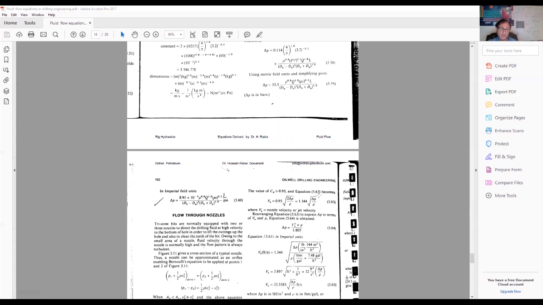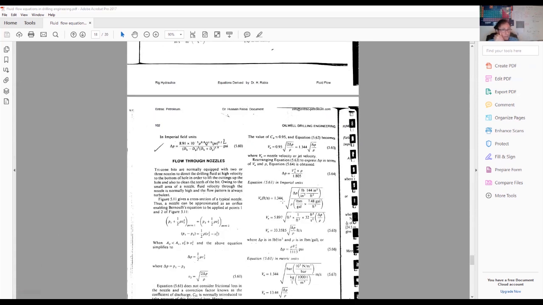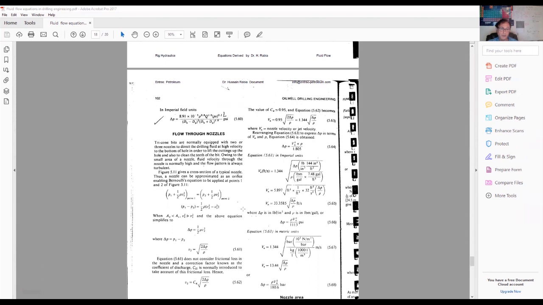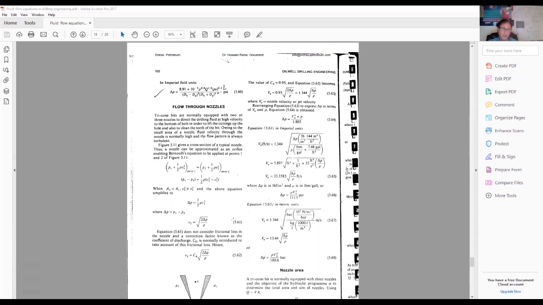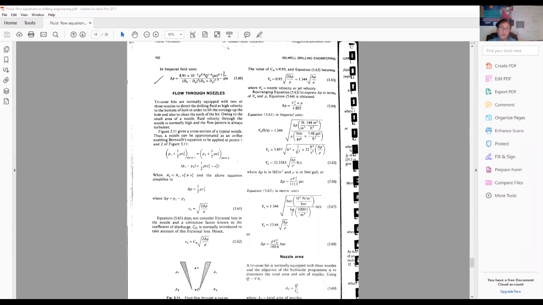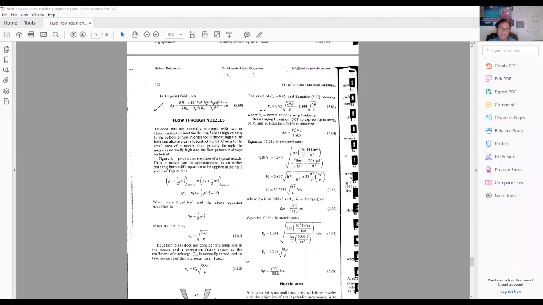Finally, we go through the flow through nozzles, and we use the Bernoulli equation. So we compare the flow and the amount of the fluid at the top of the nozzle and at the bottom of the nozzle, and we come up with what we call the nozzle velocity. So the nozzle velocity is given by 1.344 times the square root of the pressure drop across the nozzle divided by the density.